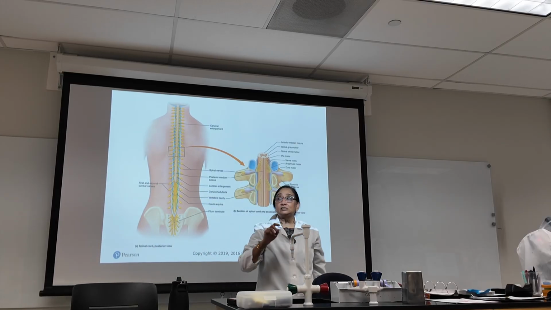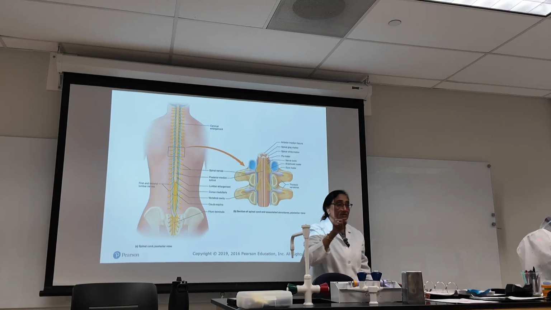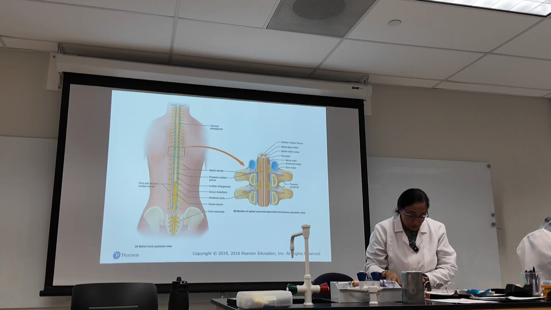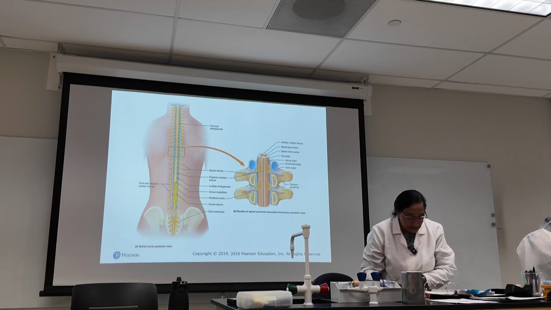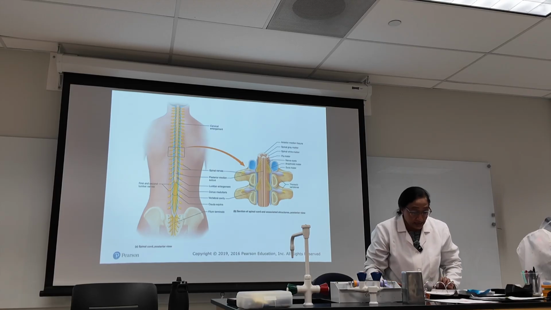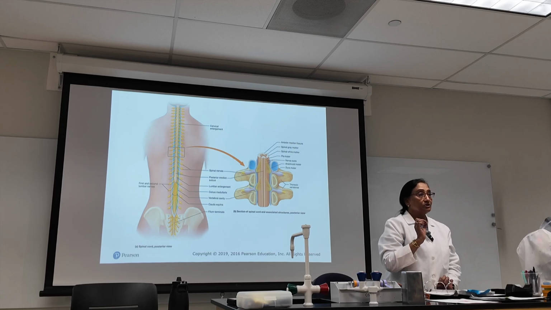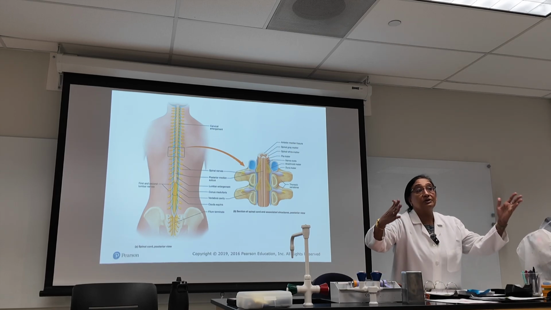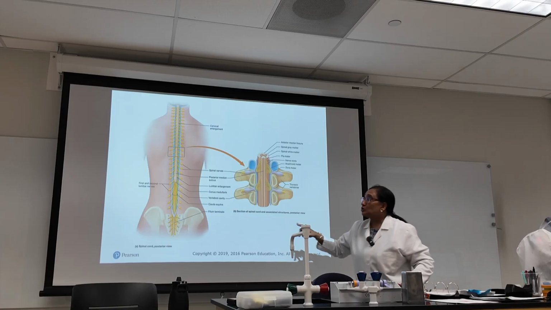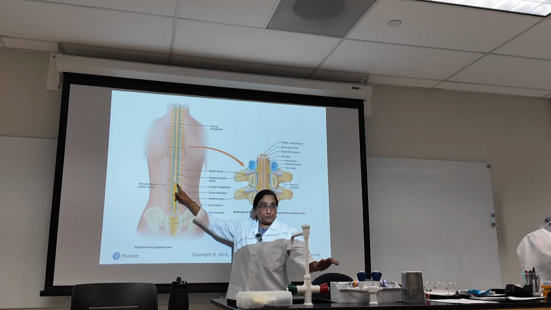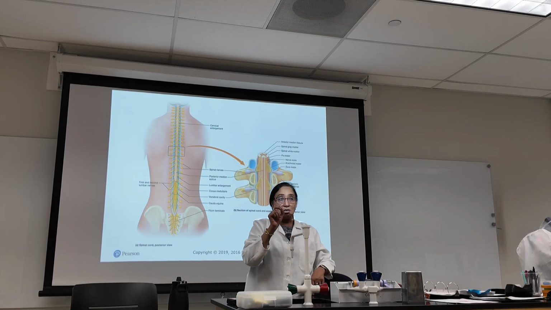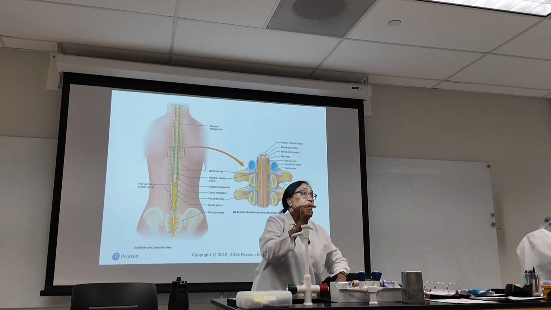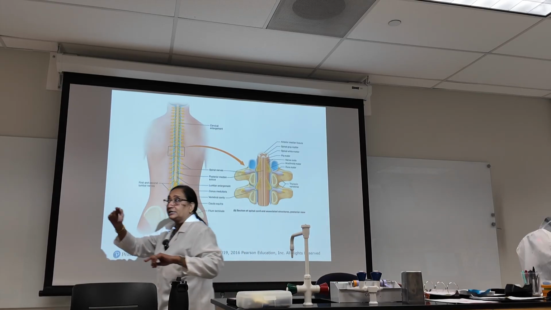You call this the conus medullaris. You can look at page 267, figure A. Conus medullaris. These are the parts that you have to identify when you get the model. So conus medullaris is the tip of the spinal cord. Where does it end? L1, L2 vertebra.